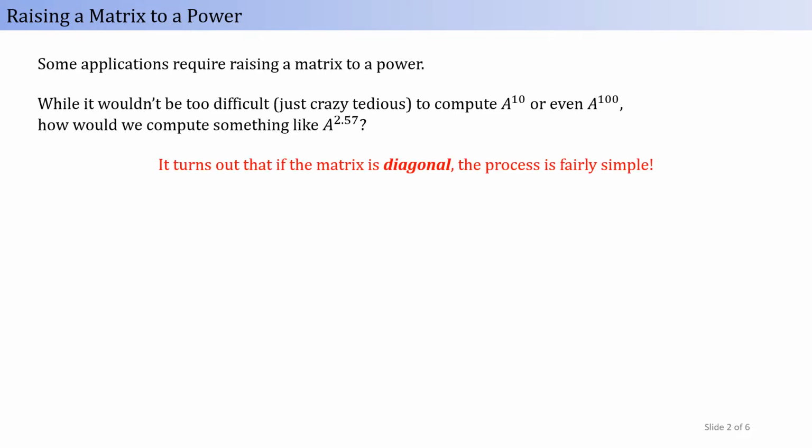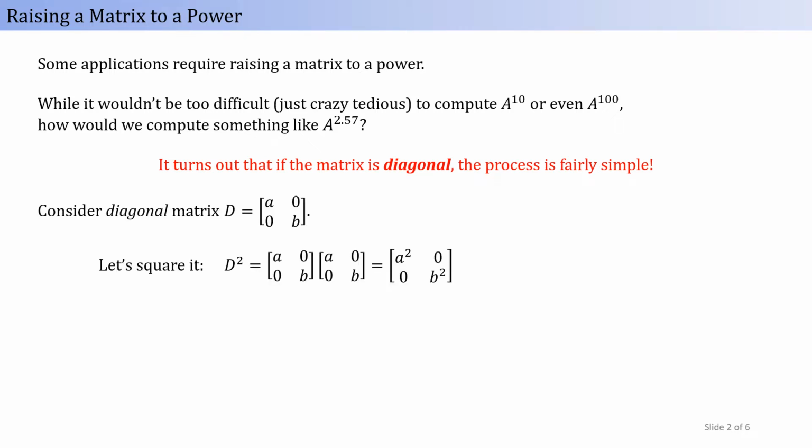Well, it turns out that if your matrix is diagonal, it's actually very simple. Consider a diagonal matrix with A, 0, 0, B. Look at what happens when you try to square it. The result is also diagonal, and basically the entries are just A squared and B squared.